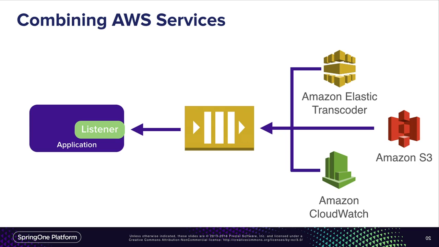And now I can react to that event. So whenever a new file is uploaded, I can do something in my application. I could write an audit log or whatever. Whenever CloudWatch fires an alarm, I can get a message and work on that alarm and do something myself. So SQS is quite powerful, especially if integrated with other services. And we on Spring Cloud for AWS provide an abstraction to easily receive those messages.